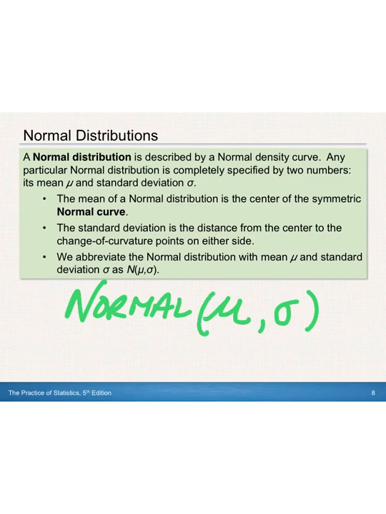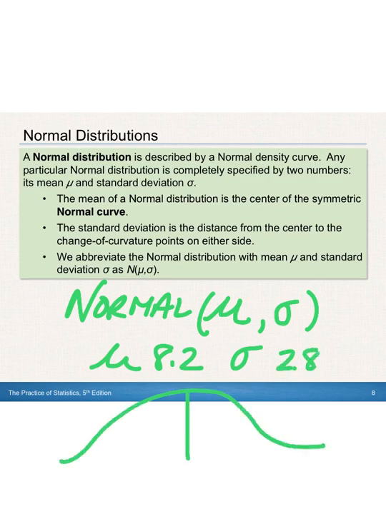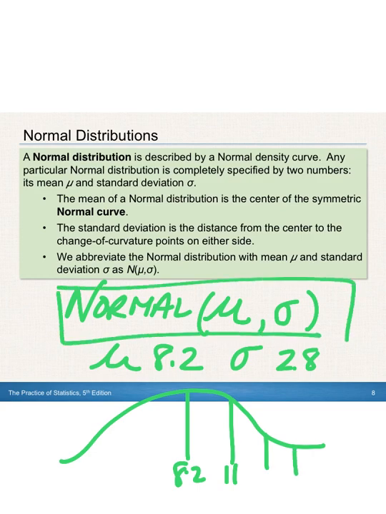So if we had Tim Lincecum's, his mu was 8.2 and his sigma is 2.8, his standard deviation, then we could take that normal curve and label it like we've been doing in class. So we'd go 8.2, one standard deviation away would be at 11, etc. So by saying this, or even more abbreviated by using that, we know an entire curve.